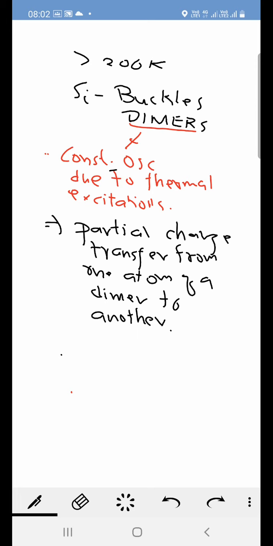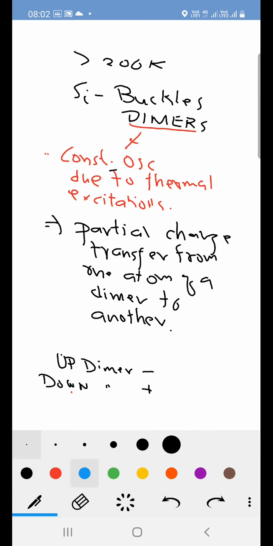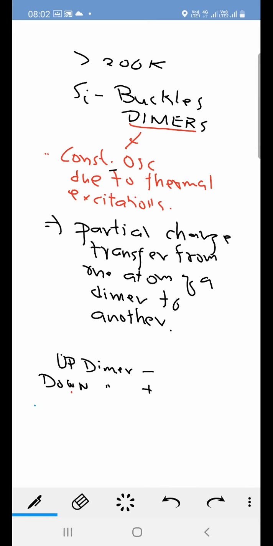Now the up dimer is negative, whereas the down dimer is positive. The negative one is called nucleophilic.